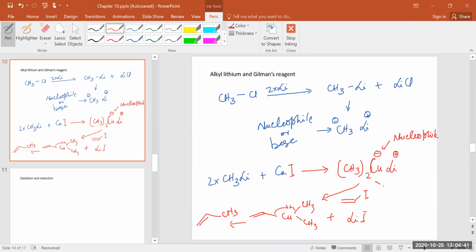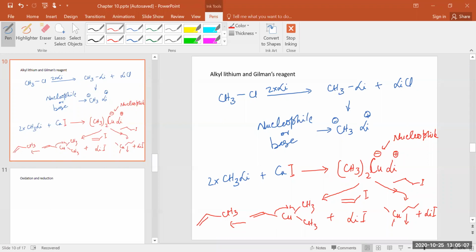Suppose it is propyl iodide. What will be the product? Here propyl will be attached to copper with two methyl groups, plus lithium iodide.